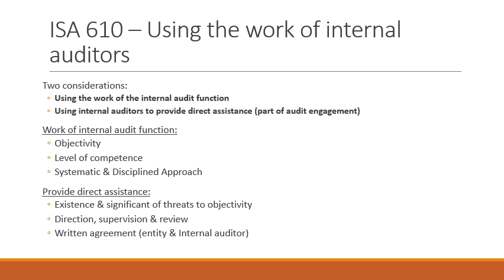We need to provide them the appropriate direction for the purpose of the audit and the purpose of the specific audit procedures, and then supervise the entire process of evidence gathering from their side, and review their work so that we are comfortable that we are able to use it. This all would need to be agreed upon specifically between ourselves, the company, and the internal auditors, that we are going to make use of them as part of our engagement team.